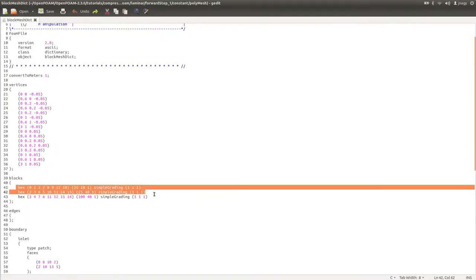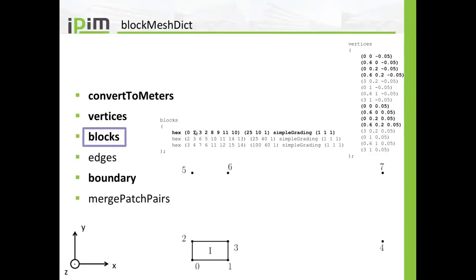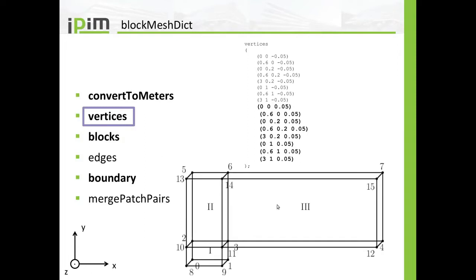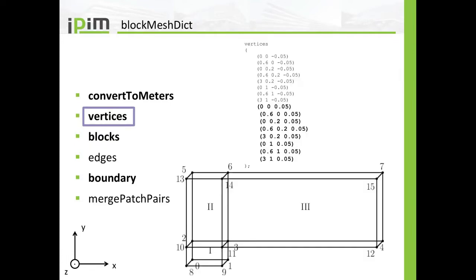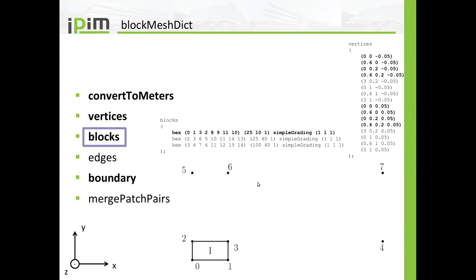So you define 3 blocks, and you do that like this. I will show you the 2-dimensional representation of the geometry instead of this, because here you have a lot of vertices and you will not see anything. Keep in mind that the geometry looks like this, but I will show you the 2-dimensional representation.